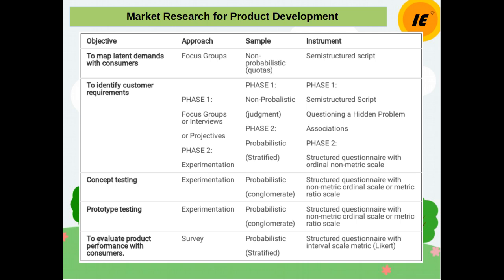Now as far as sample is concerned, the sample suggested for the research that will map latent demand is non-probabilistic by quotas. Again, this is a terminology that we'll go into in the next video; for this video I'm not looking into explaining every bit of things.